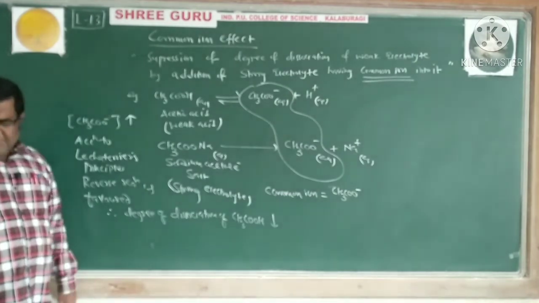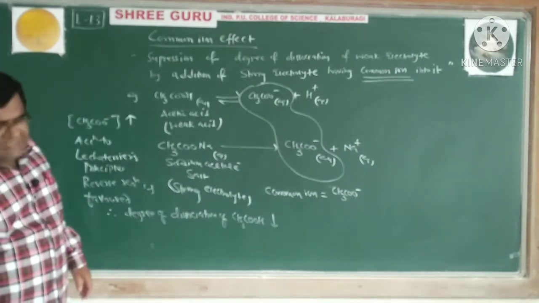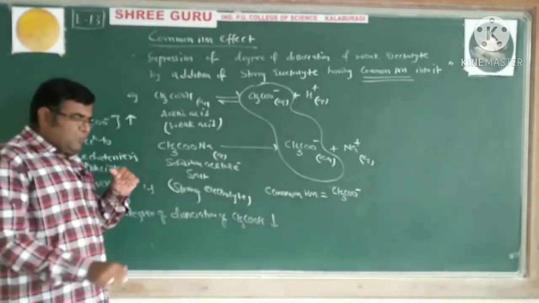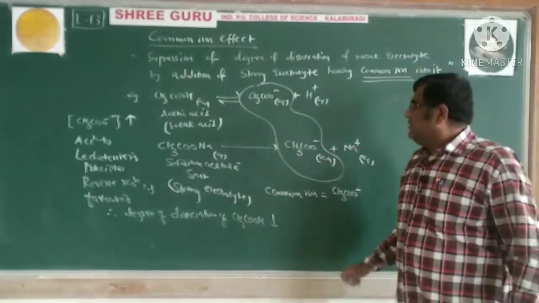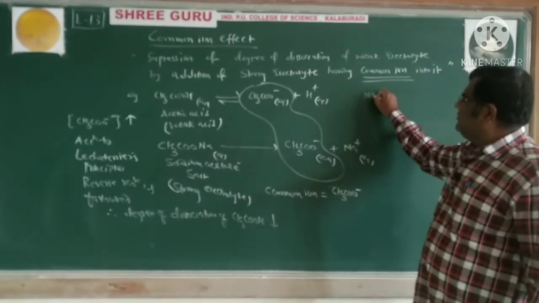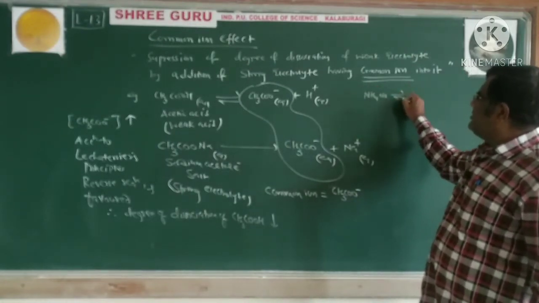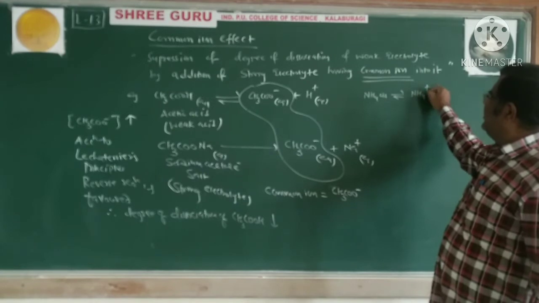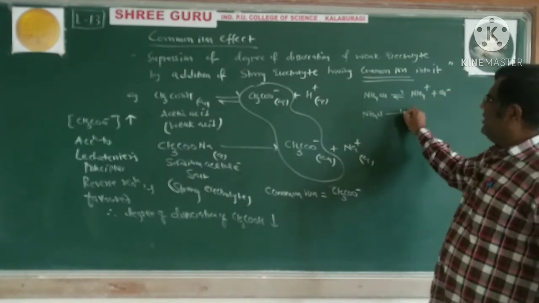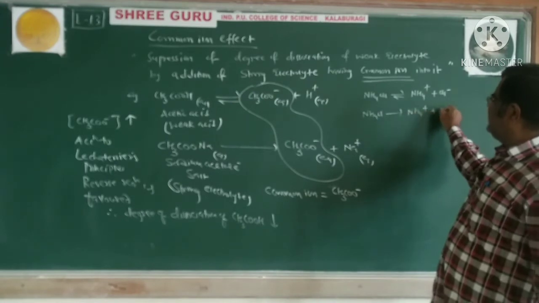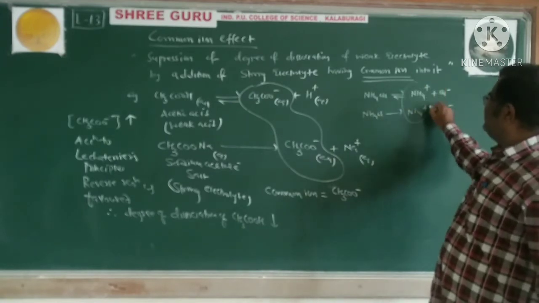This is one example. We can give another example also. NH4OH and NH4Cl is also an example for this. NH4OH gives NH4 plus and OH negative. NH4Cl gives NH4 plus and Cl negative.